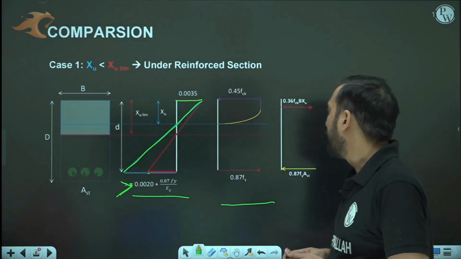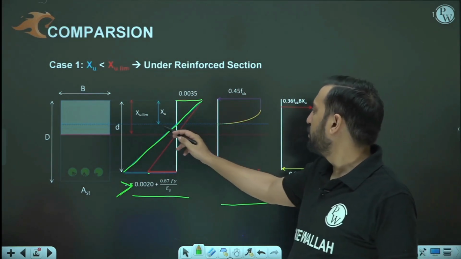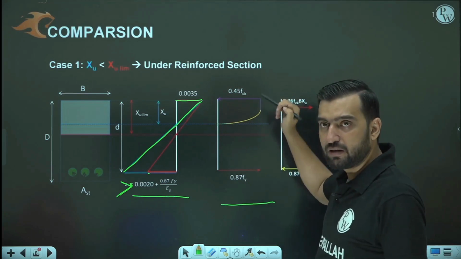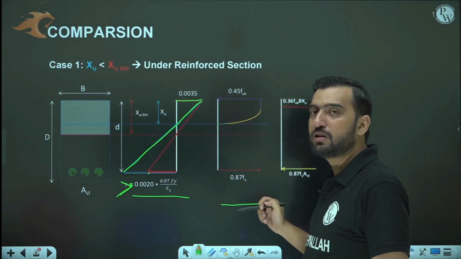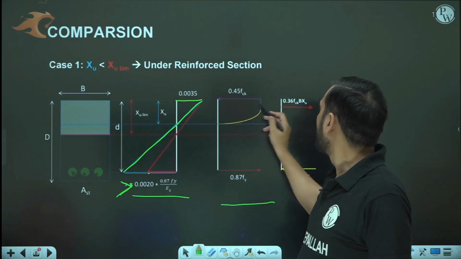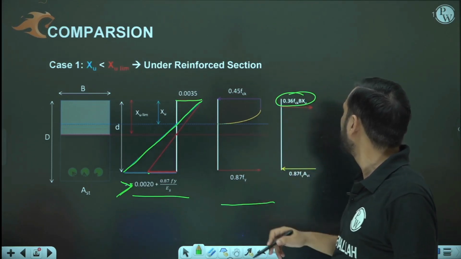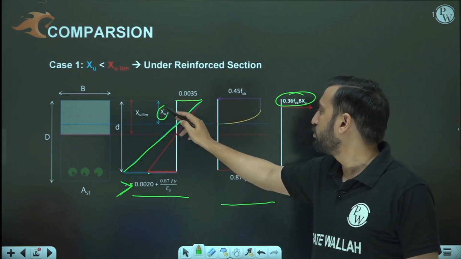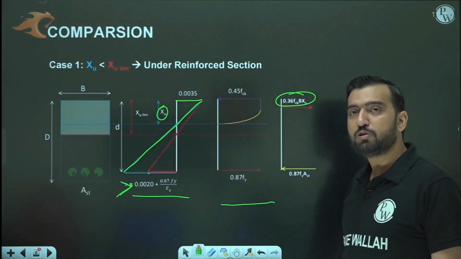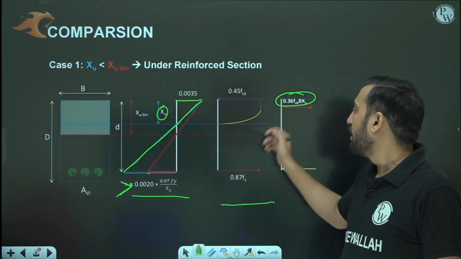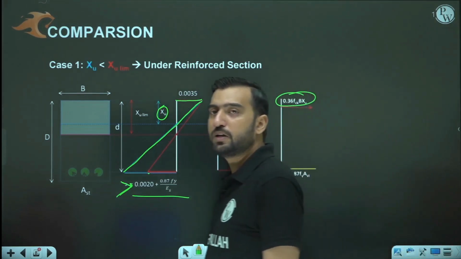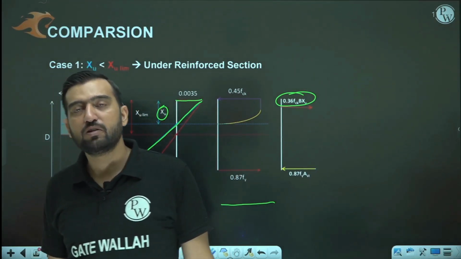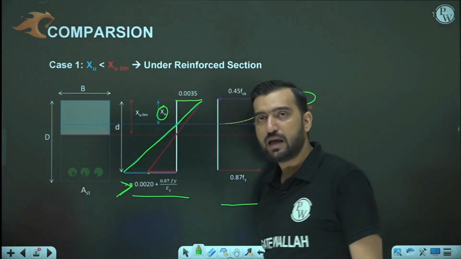Okay, and you can see that based on the actual depth of neutral axis, we are going to make the rectangular and parabolic block, the actual stress block, and this value 0.36 fck b xu and its position is going to depend upon the actual depth of neutral axis, because you are going to calculate this value based on this parabolic plus rectangular stress block combination, and the depth of this combination is equal to the actual depth of neutral axis, isn't it?